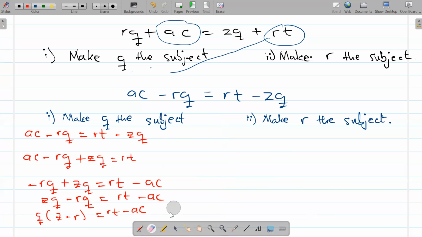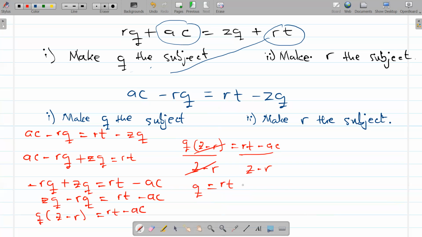So we have Q, Z minus R, is equal to RT minus AC. Now we will need to divide both sides by Z minus R. You cancel. Q becomes RT minus AC over Z minus R. So that's your final answer.